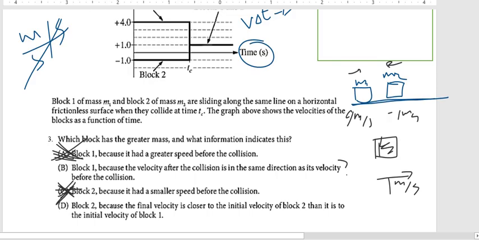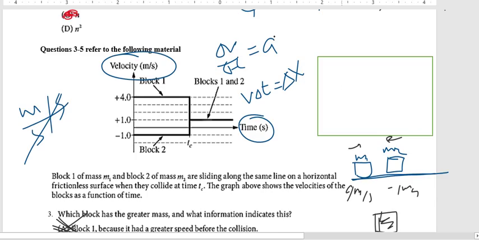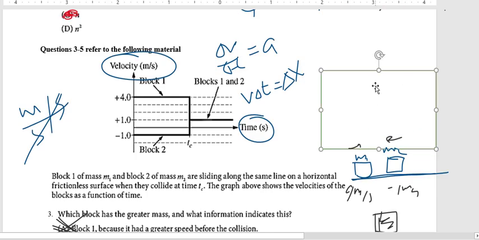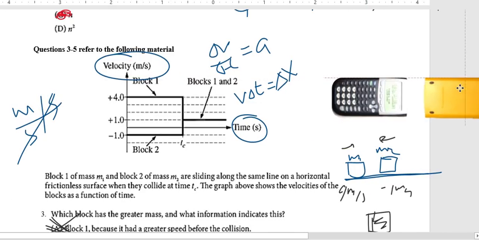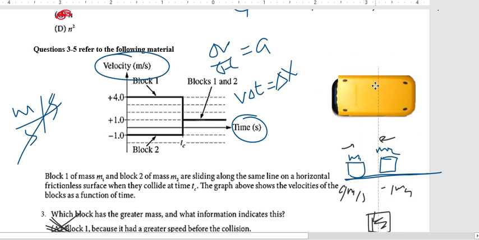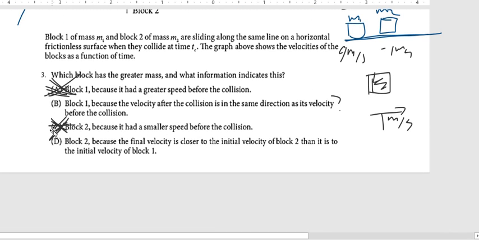The final velocity is closer to the initial velocity of block 2, so the bigger one's probably going to stay closer to its original speed. If you need to, act this out with your calculator on your desk, and you will see why. If you crash these into each other, the base of the calculator keeps closer to its original speed. So the answer is D.